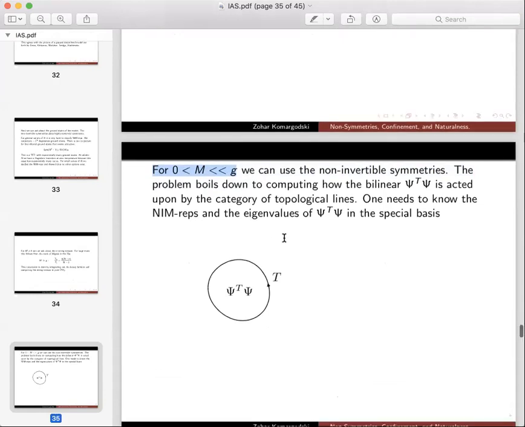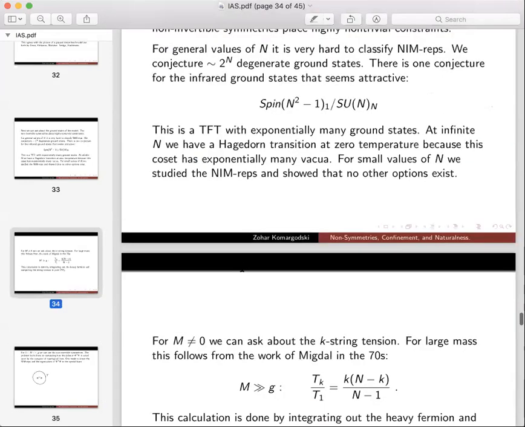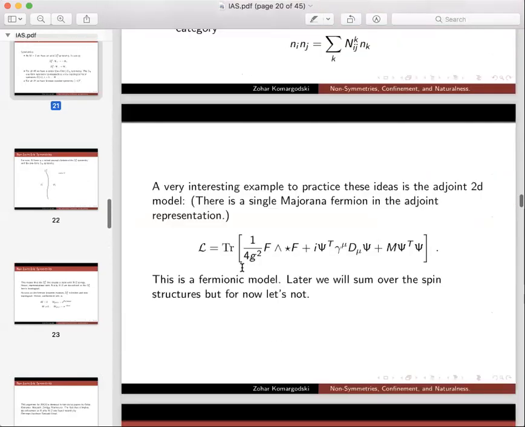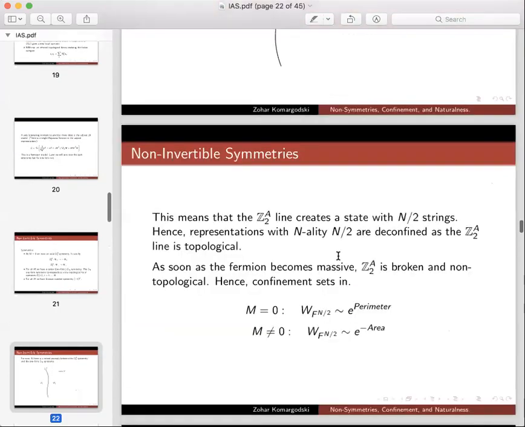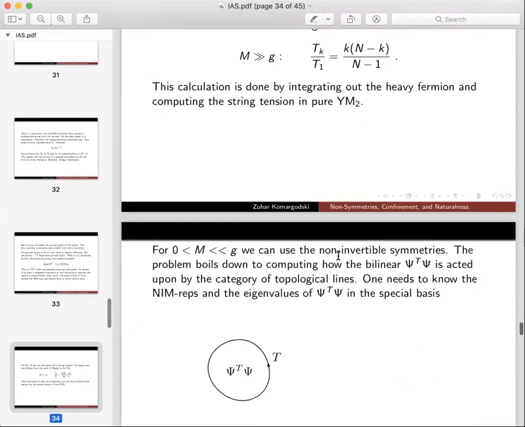What this problem reduces to is understanding the action of the non-invertible symmetry lines on the local operator, which is the fermion condensate. Remember that I told you before that one important thing is to understand how these non-symmetry lines act on local operators. This is what you need to do to understand the string tensions at small non-zero mass.